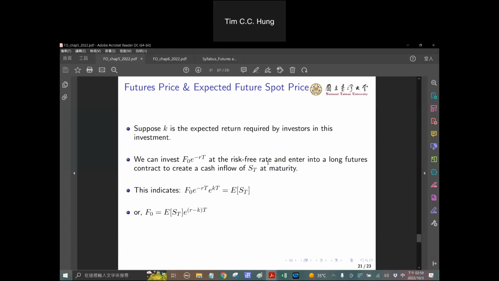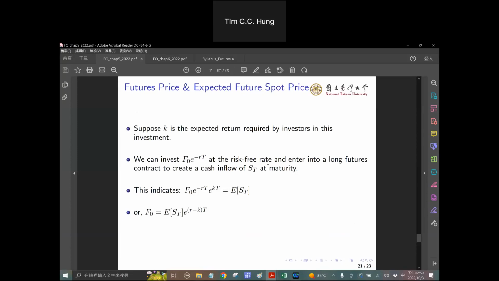Does that make sense? I think it's also better to show you using a diagram. This is the timeline. We are standing at time 0, and we are looking at time T. Suppose there is such a futures contract. It tells us that at time T, you can use F0 to buy the underlying asset, and the underlying asset has a value of ST at maturity.